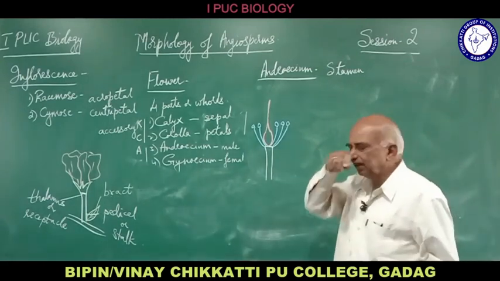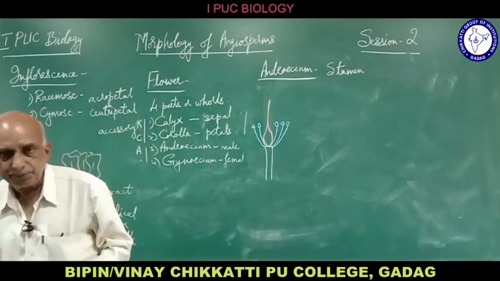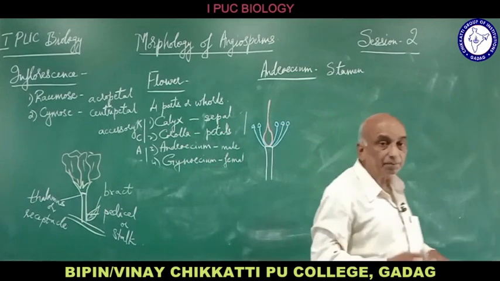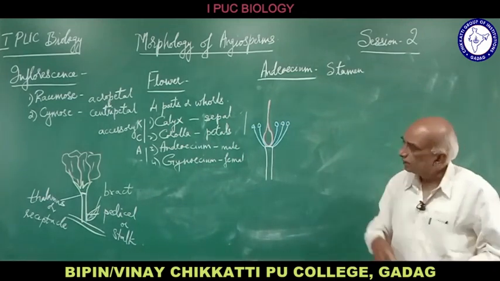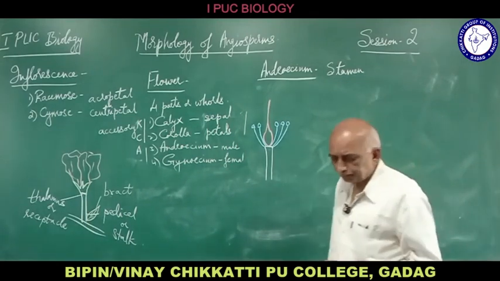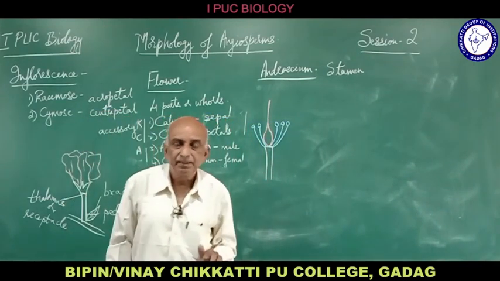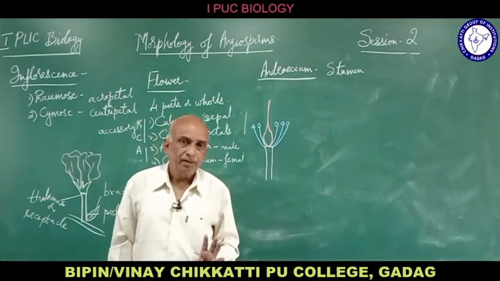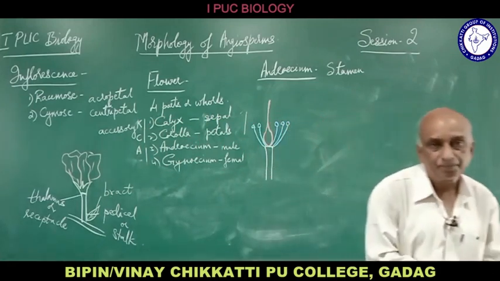Now again, the number of stamens may be different, as we see that the number of sepals in a calyx and the number of petals in a corolla vary, and sometimes these parts may be equal in number. In a flower there may be 5 sepals, 5 petals, 5 stamens. All of these may be equal in number, and there may even be 3 or multiples of 3.